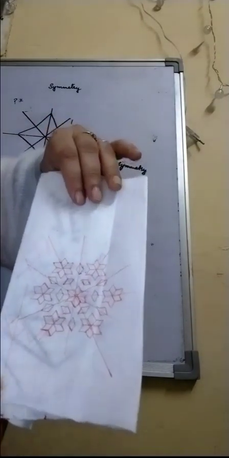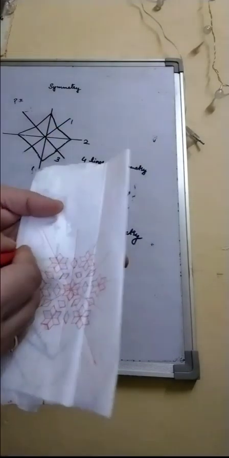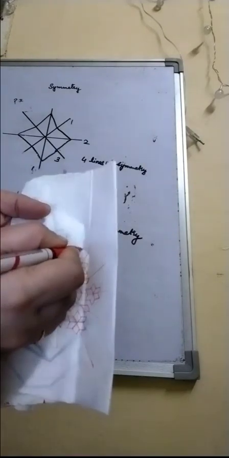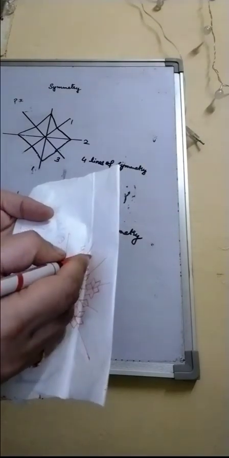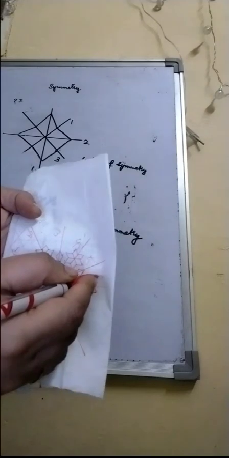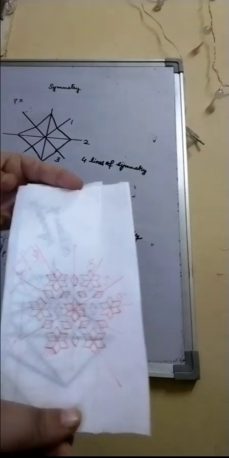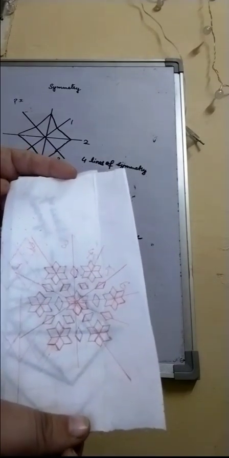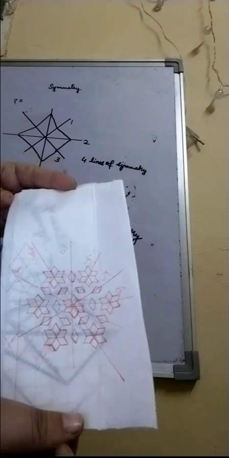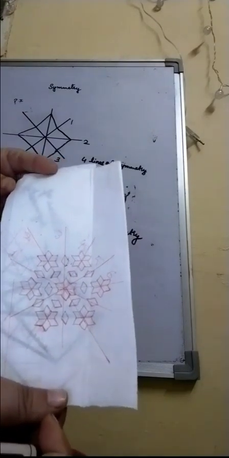You can count 1, 2, 3, 4, 5, and a total of 6 lines of symmetry in the column. So in this way you would get the number of lines of symmetry in a column.